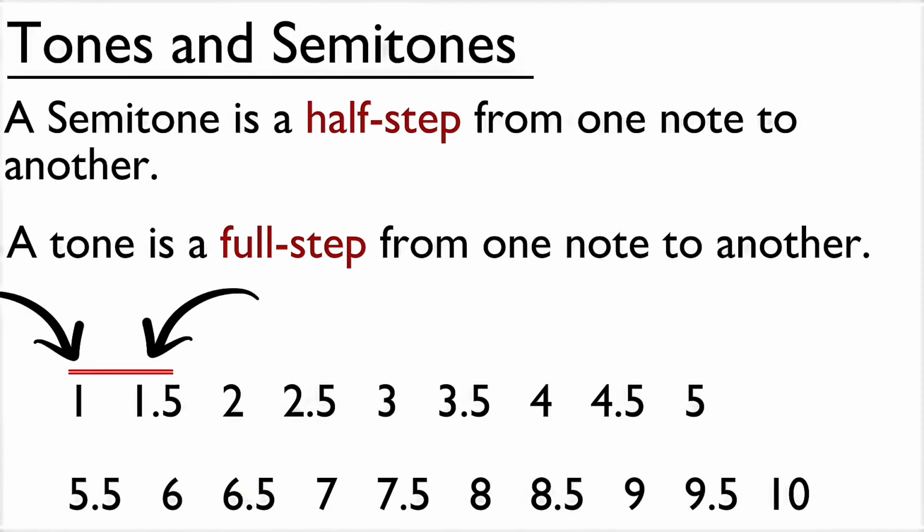Now, what if I want to move from 1 straight to 2? What do you think I have to do? With that, I'll have to take a full step by skipping this half step.